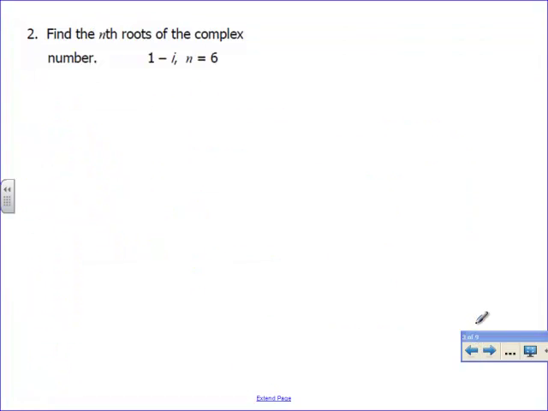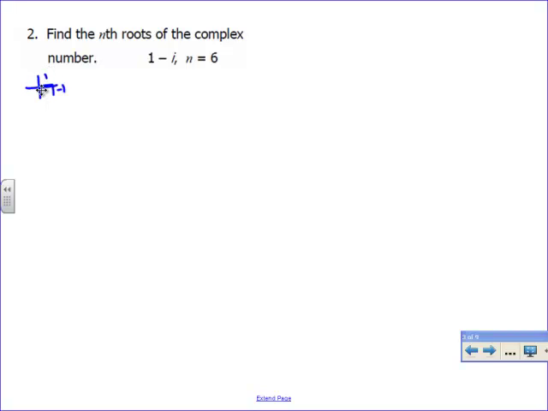Okay, example 2 comes in standard form, 1 minus I for n equals 6. So we want to find the 6th roots of the complex number, which means we're going to have 6 final answers, which is okay because they follow that pattern and they shouldn't be too hard to get. First though, we have to think about converting this into trig form. So 1 and minus I would be down here.